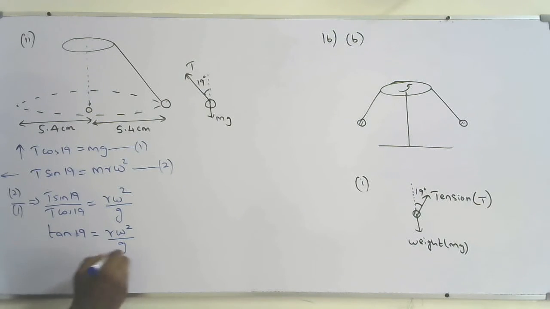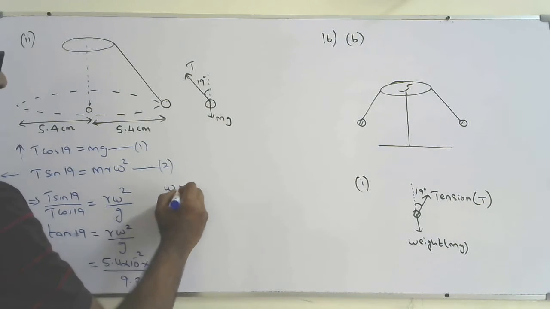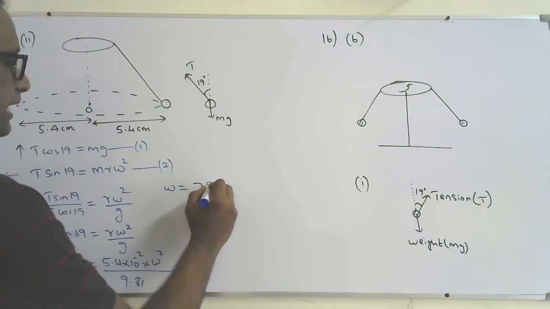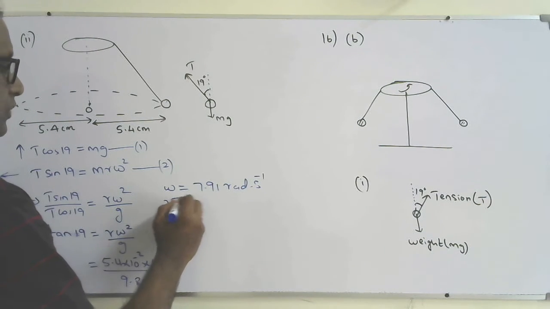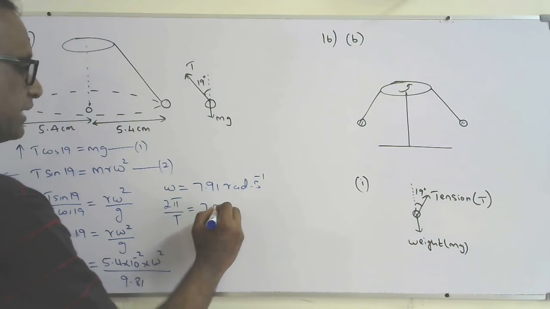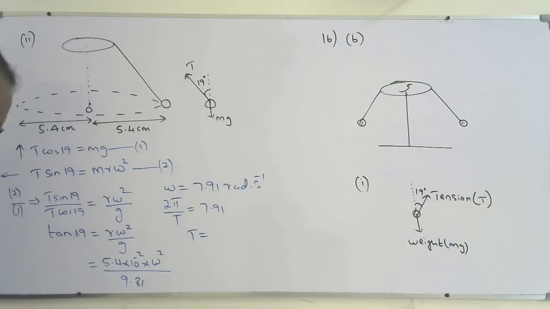Substitute the values: r is given as 5.4 times 10 to the power minus 2, and g is 9.81. From this you can find omega, which will be 7.91 radians per second. We know omega equals 2 pi over T, which equals 7.91, so find the time period for one rotation: 2 pi over 7.91.